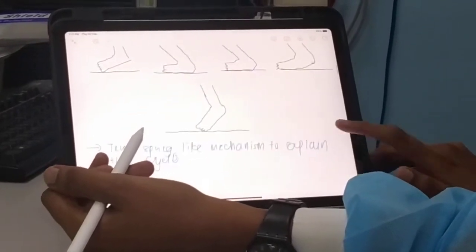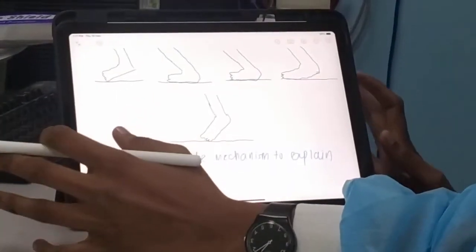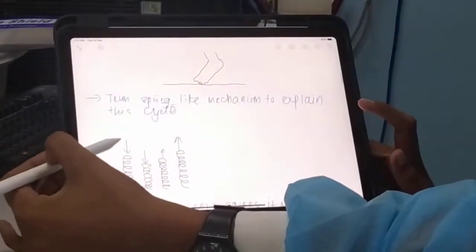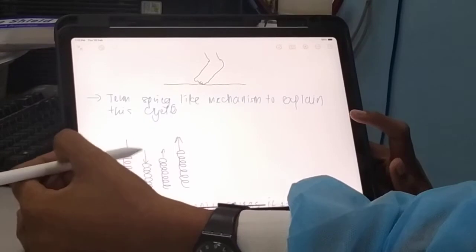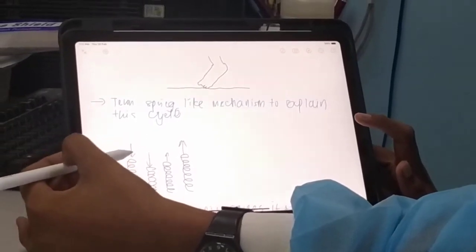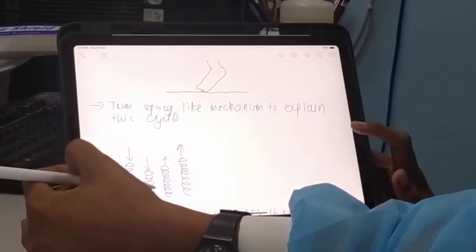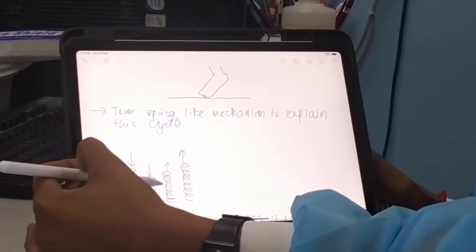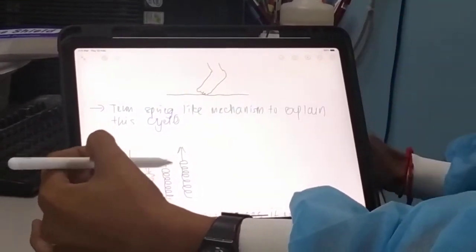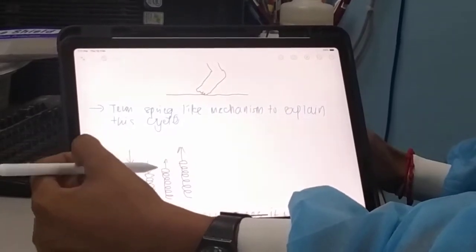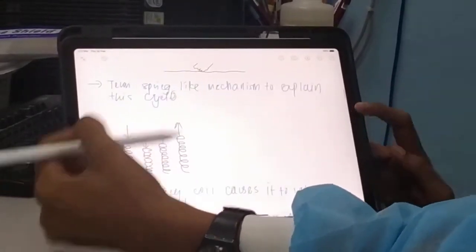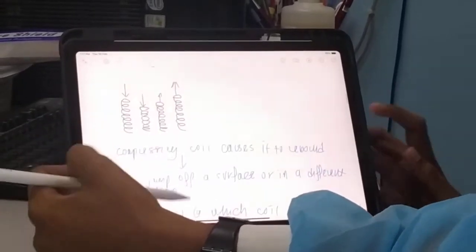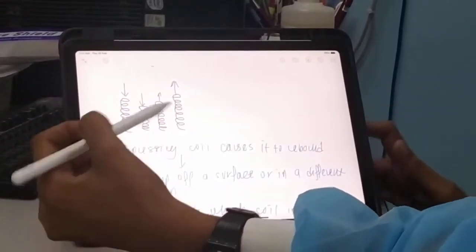This SSC works like a spring-like mechanism. If you see a spring, we put a force here, you push, then it will rebound and go up again. Compression of the coil causes it to rebound, and then it jumps off a surface or in a different direction.